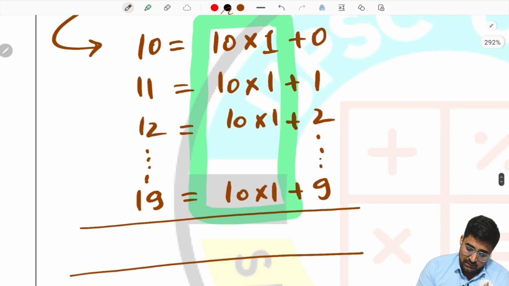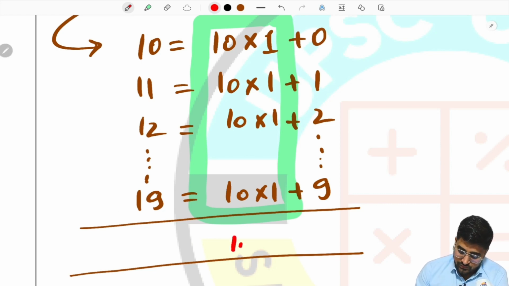So we can write it like, how many times does this get repeated? This is repeated 10 times. This is 1, 2, 3 till 19. It gets 10, so it is going to be repeated 10 times.